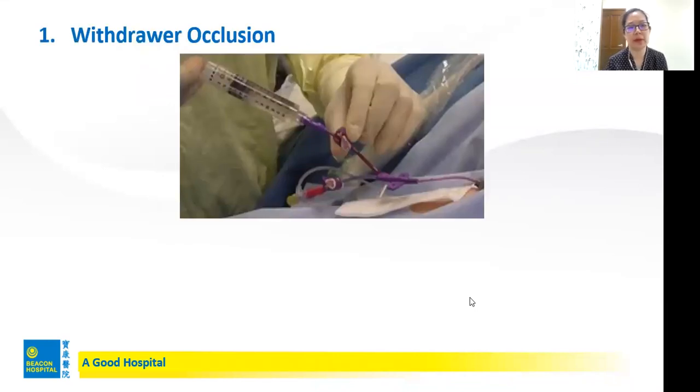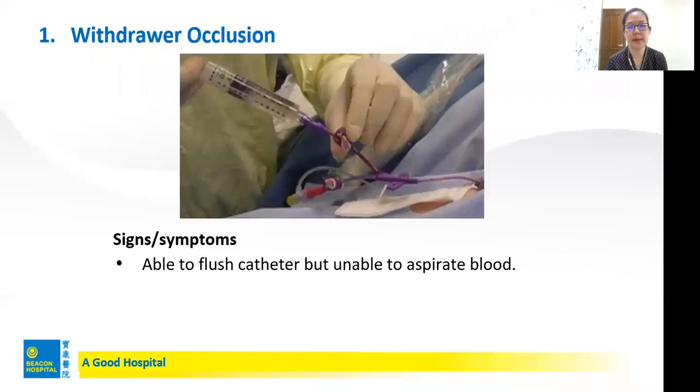Okay, we start with withdrawal occlusion. Usually the sign and symptom of withdrawal occlusion is that when you try to flush, you are able to flush in your normal line, but unable to aspirate blood backflow.